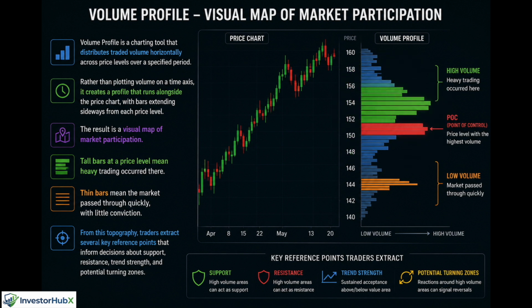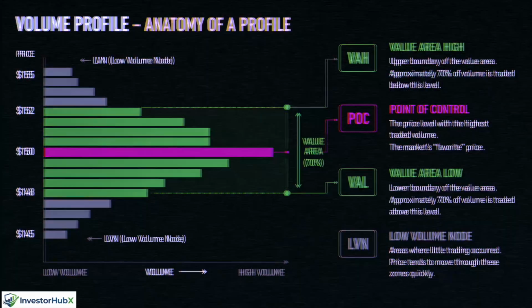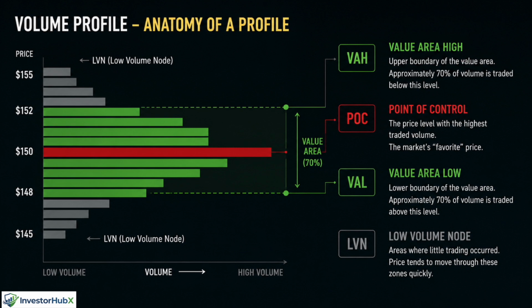Tall bars at a price level mean heavy trading occurred there. Thin bars mean the market passed through quickly, with little conviction. From this information, traders can identify important price levels that may act as support, resistance, areas of trend strength, or potential turning points. Now that we understand what volume profile is, let's learn how to read it.